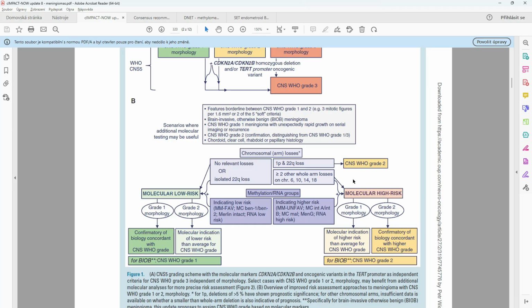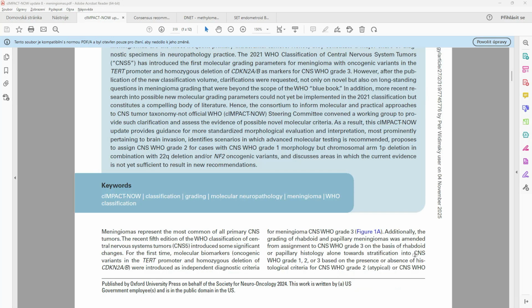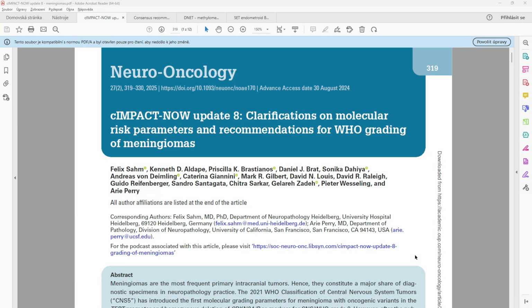So we performed copy number variation analysis, and in this case we had 1p and 22q chromosome loss, and based on that we can tell that this meningioma goes into the grade 2 category, so it's an intermediate risk lesion, just based on molecular, not on morphology. I will include this paper on our web pages, and it's also, I believe, freely available on the web.